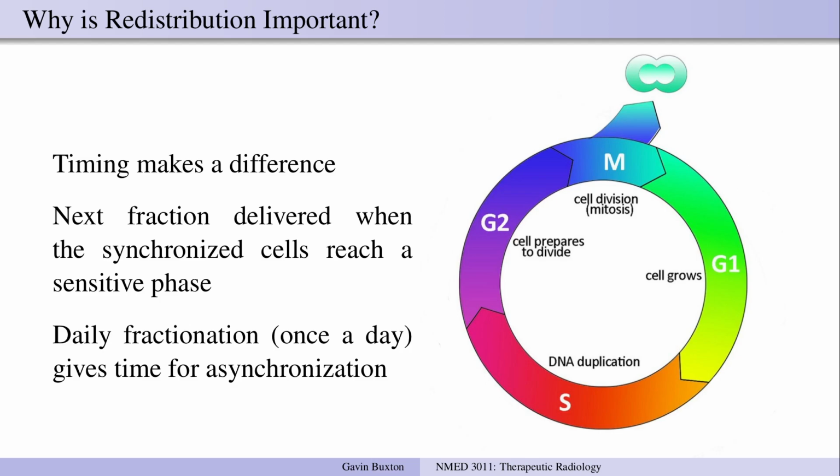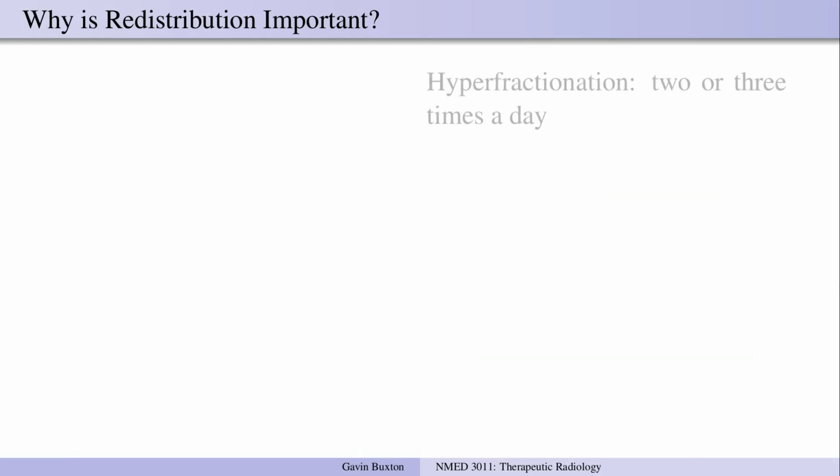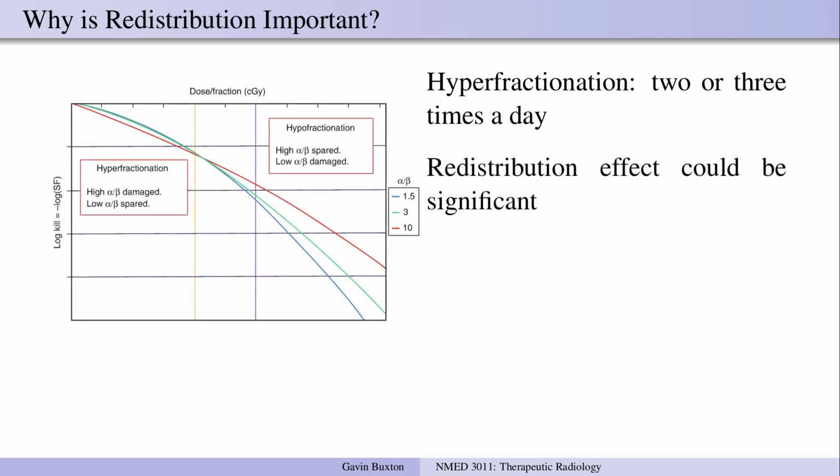If you wait 24 hours until the next fraction, then the cells redistribute. In other words, they get messed up, and the cells are in all different phases of the cell cycle again. However, if you do hyperfractionation and give doses 3 times a day, then it's possible the cells remain partially synchronized.